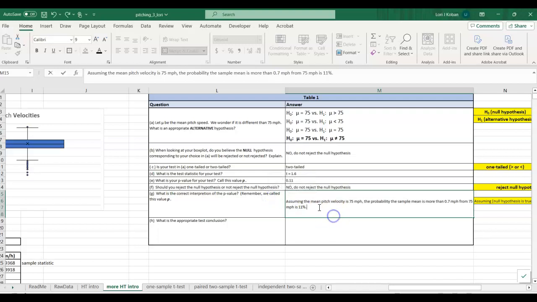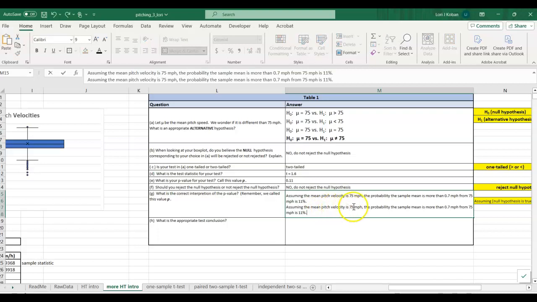Another way that you could say this, because again, this is two-tailed, that's why we're doing this other interpretation. Assuming the mean pitch velocity is 75 miles per hour, the probability the sample mean is, was it 75.7? Higher than 75.7 miles per hour, or it's two-tailed.